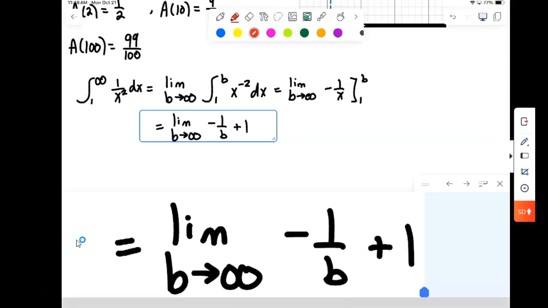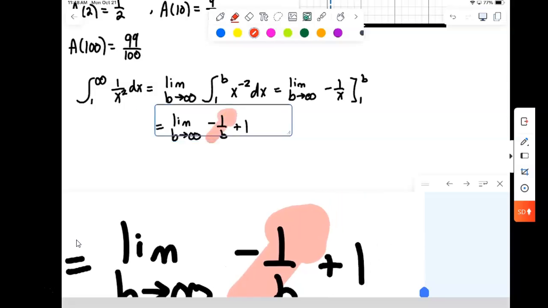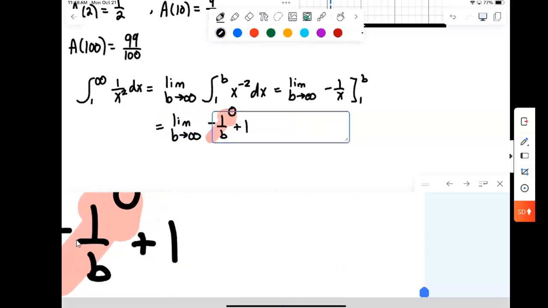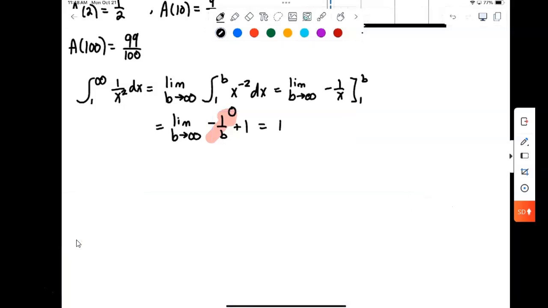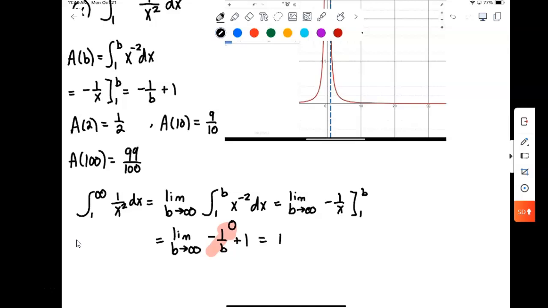All right, so we can take that limit. Remember, if you have a fraction divided by a number, and that number goes to infinity, then that expression just goes to 0. And so 1 is a constant, so the limit of 0 plus 1 is 1. So here we have an infinite integral where the area goes to 1.